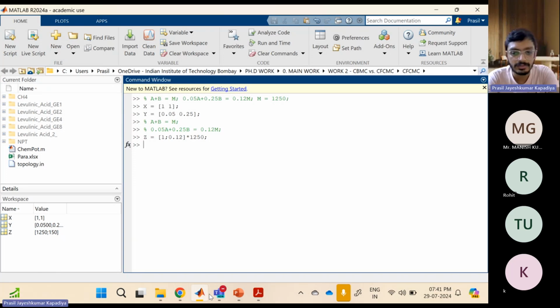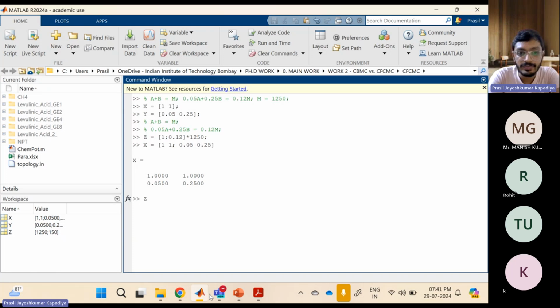Let's do one thing. Let's write x is equal to 1 comma 1, then semicolon 0.05 comma 0.25. So will it show it like this, right?